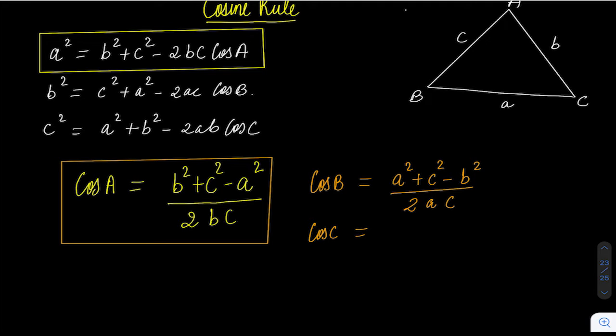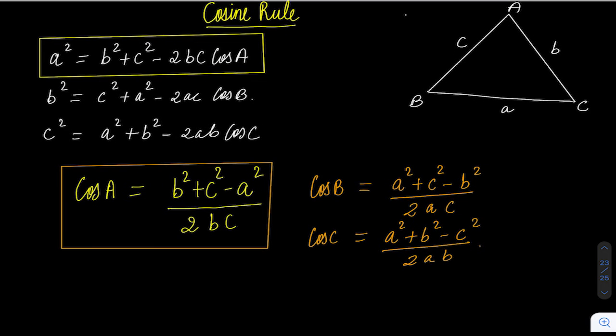So cos C will be equal to the other two sides squared, that is a squared plus b squared minus c squared, divided by 2ab. Okay, so that's the cosine rule for any triangle. This is true for any triangle: equilateral, isosceles, scalene, obtuse, acute, right angle, whatever triangle, it is always true.